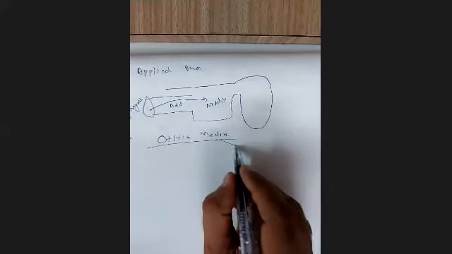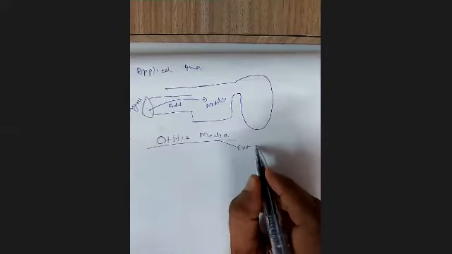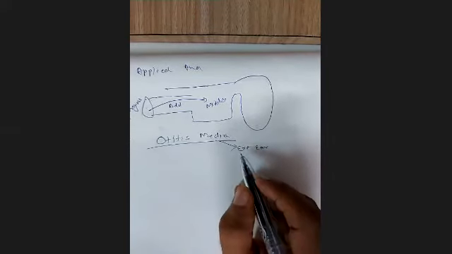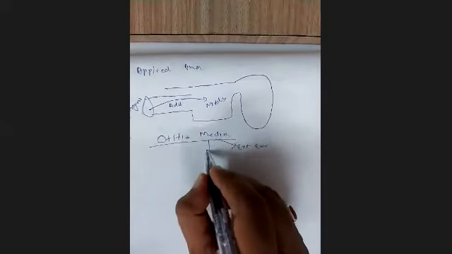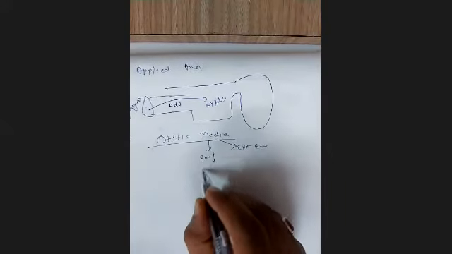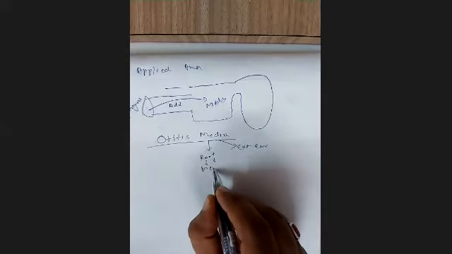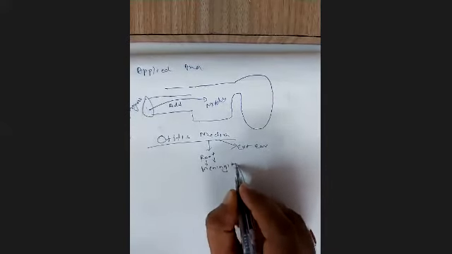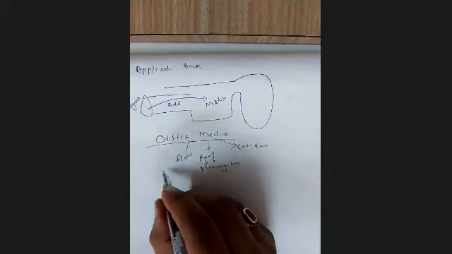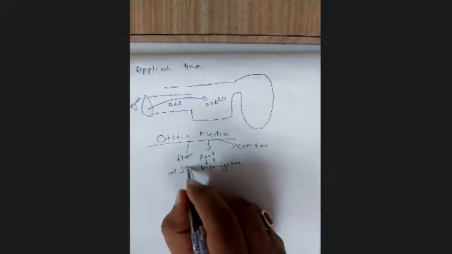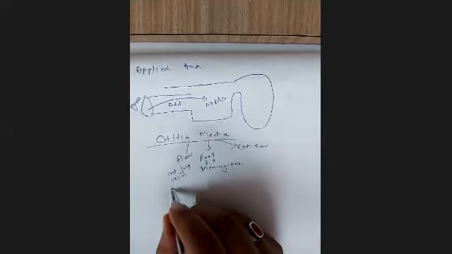So this otitis media can rupture the tympanic membrane and go to external ear. It can go to the roof and cause meningitis. It can go to the floor and cause internal jugular vein thrombosis.